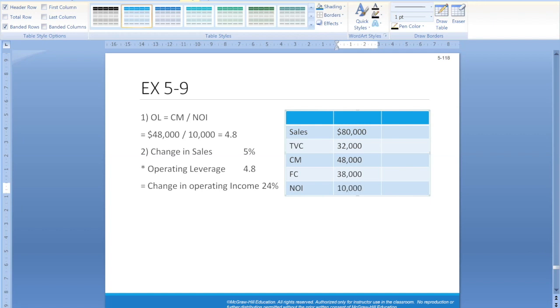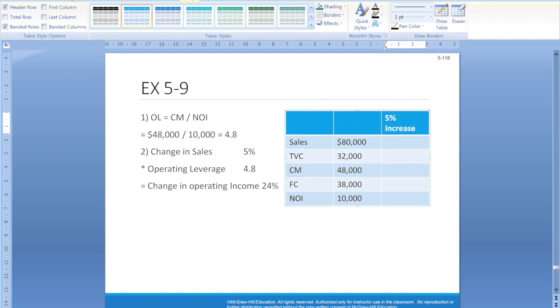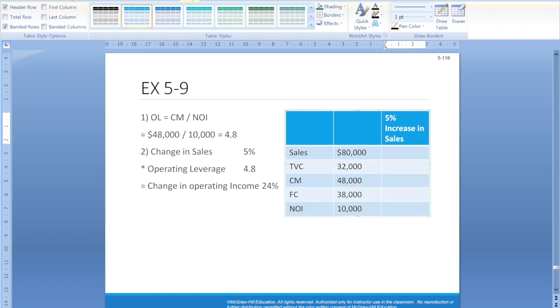Now, I need the change. I need this new situation. If we have a 5% increase in sales, this will give you 84,000. Why? Because 80,000 times 1.05, where 1 represents the 100% and the 5%.